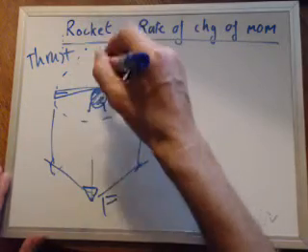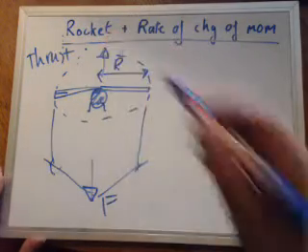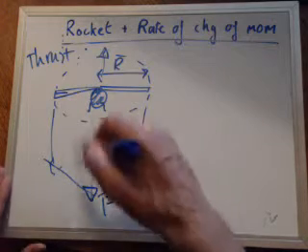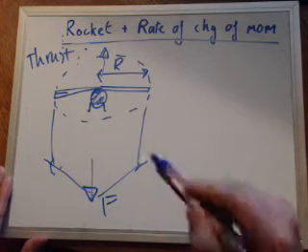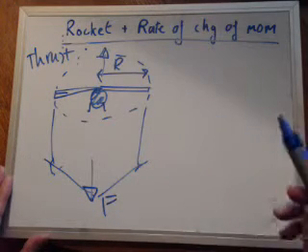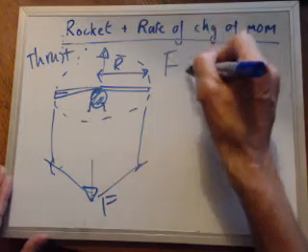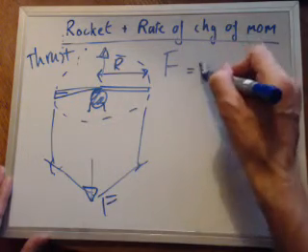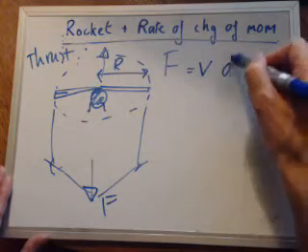Let's draw it equal and opposite. Now, what is this thrust? What is this force? You can imagine there's a flow rate coming down. So the force is equal to the constant velocity of the air coming down times dm/dt.